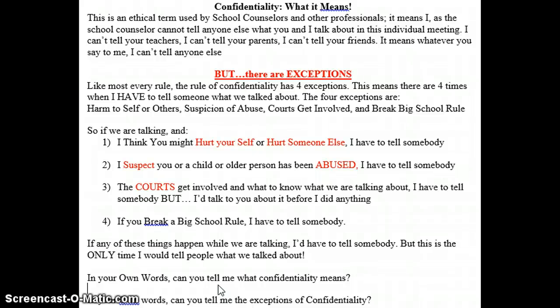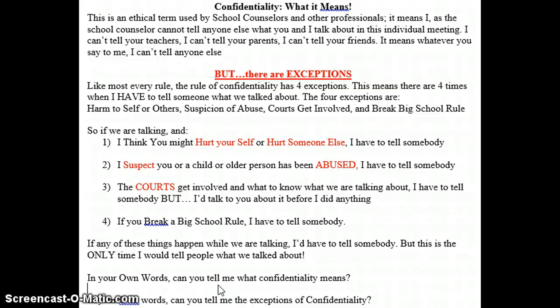Sometimes if a student has a sibling who is maybe in the court system or again is truant, sometimes judges or lawyers want to kind of know how the student is doing, the student being your student, and so that might be a time. Sometimes in the case of adoption, judges or lawyers might get involved, and so you need to give examples, okay? You also need to give an example of a break in a big school rule.